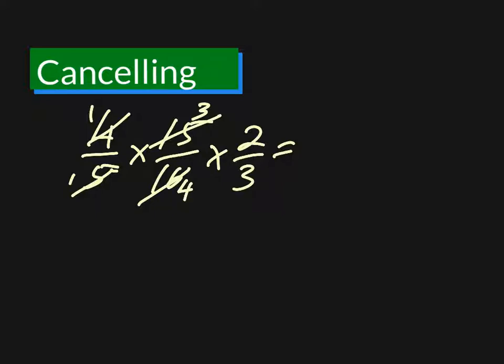But we're not done yet. We can cancel some more. You can see that this remaining numerator 3 and the denominator 3 would cancel out because they both divide by 3. So you can just cross them right off, or put 1 for each of them. And also the numerator 2 and the remaining denominator 4 will both divide by 2.